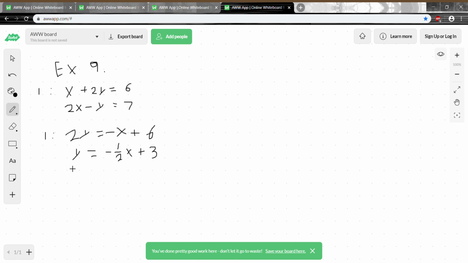Now we can take this term for y and plug it into our second equation. That is another way of solving a system of equations, and I'm not sure if you've seen that before or not. So by plugging equation 1 into equation 2, we're going to see that 2x minus the quantity minus 1/2 x plus 3 is going to equal 7.